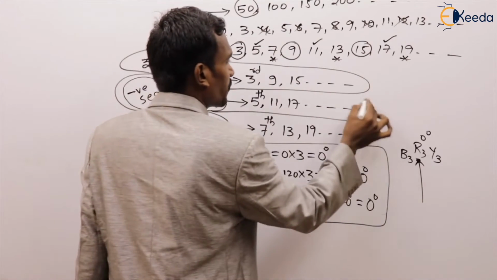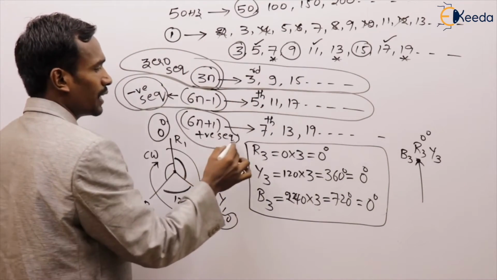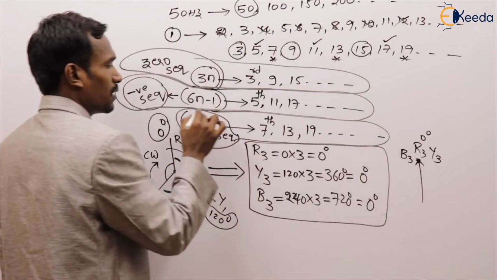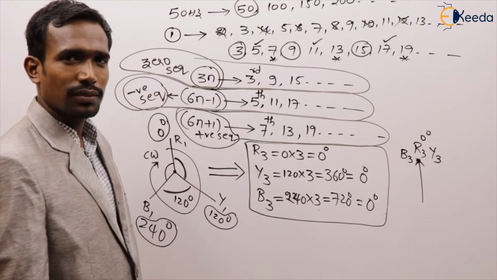The fifth group are negative sequence harmonics, and the seventh group are positive sequence harmonics.